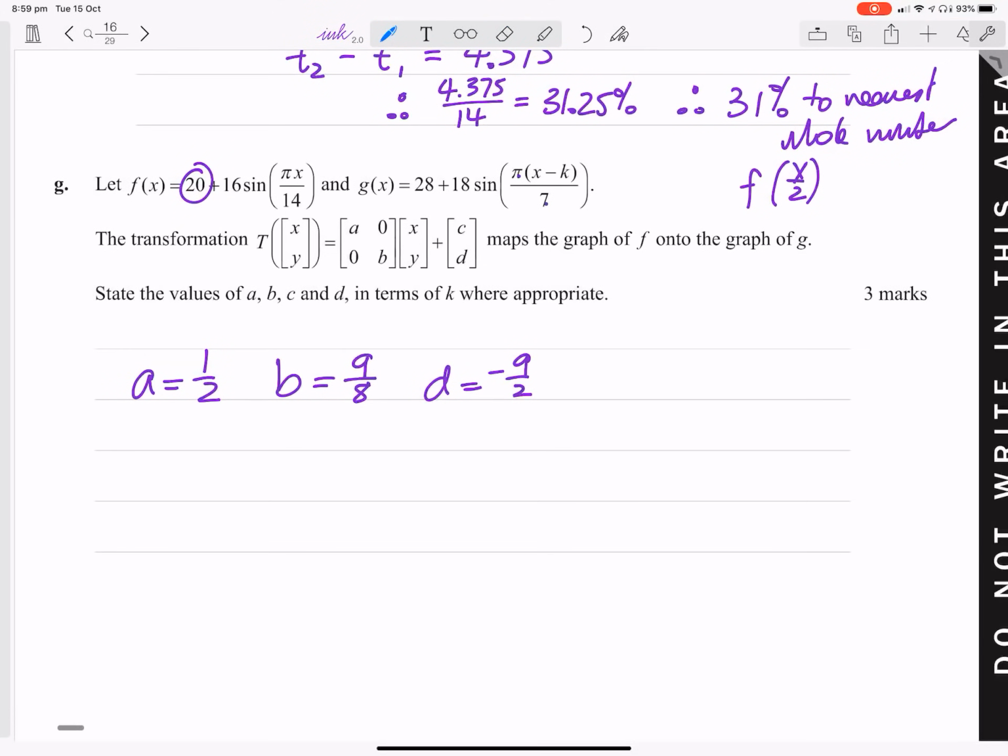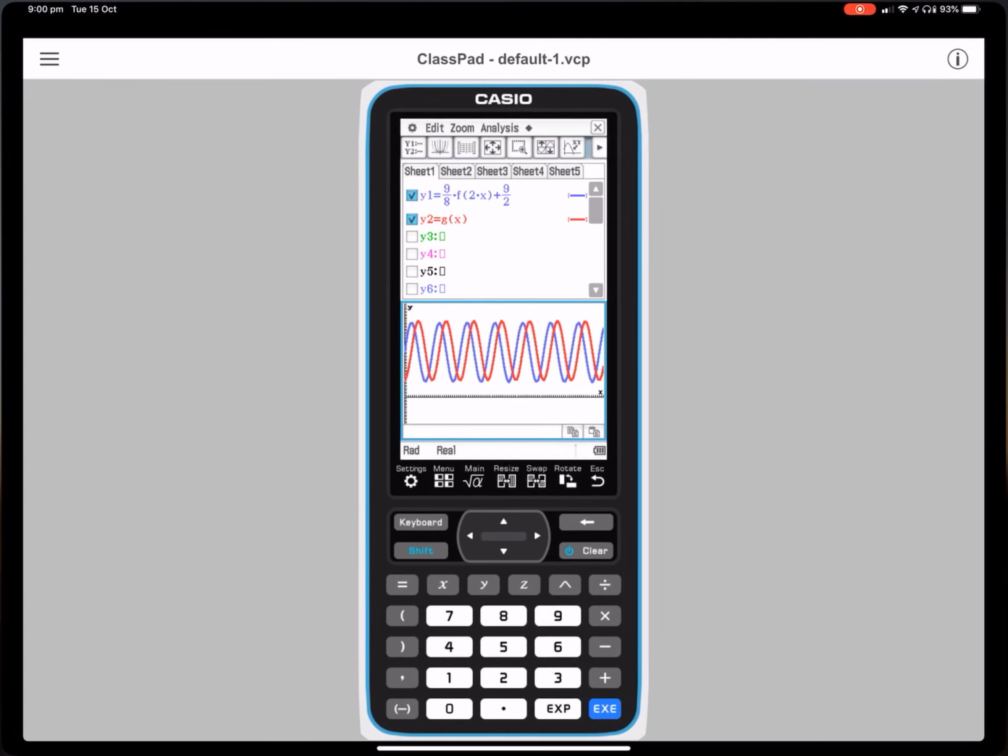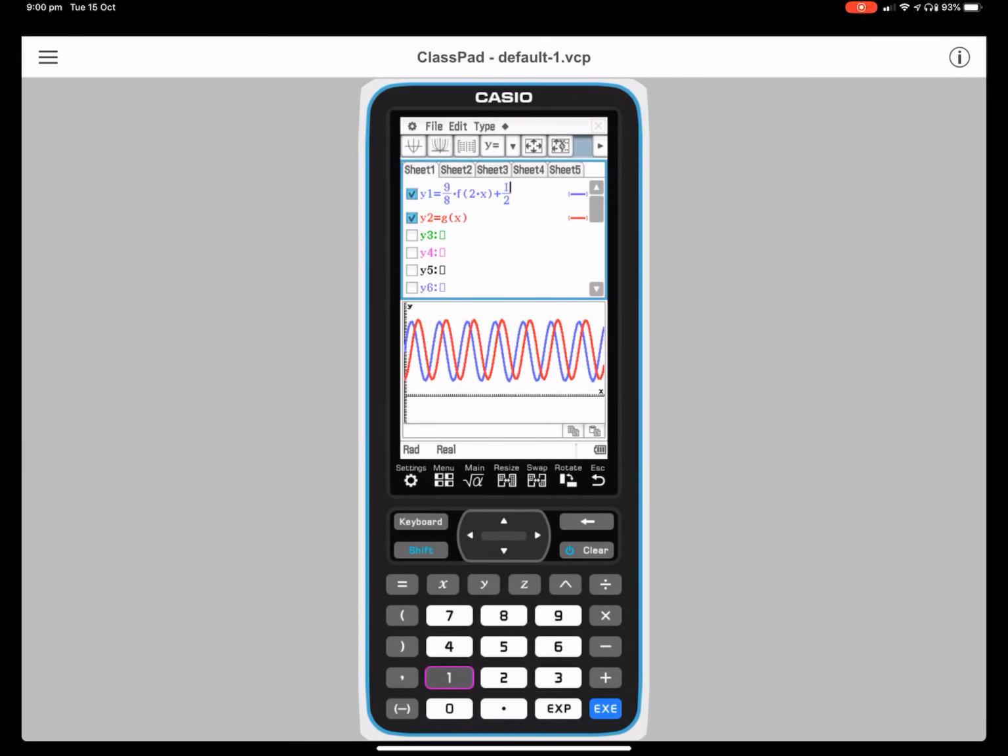So what did I say? If I multiply it by 9 on 8, I get 22.5, but I've got to come up to 28. So what's that? Plus 5.5. So plus 11 on 2. So let's try that now. 11 on 2.